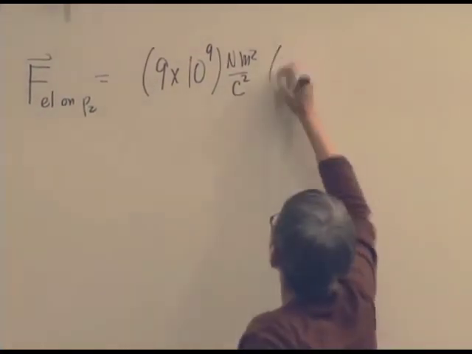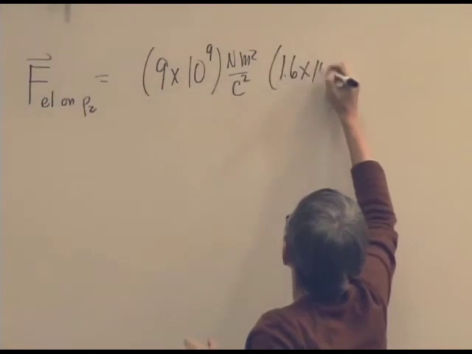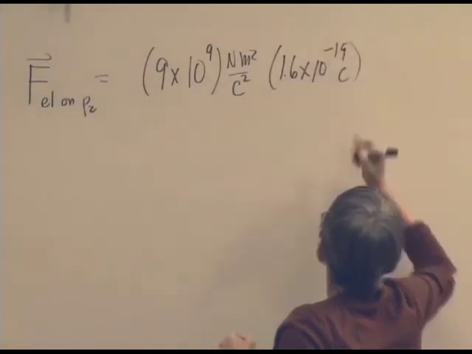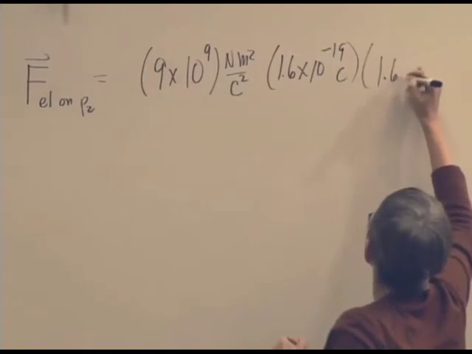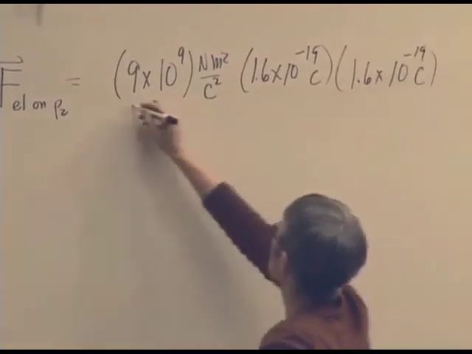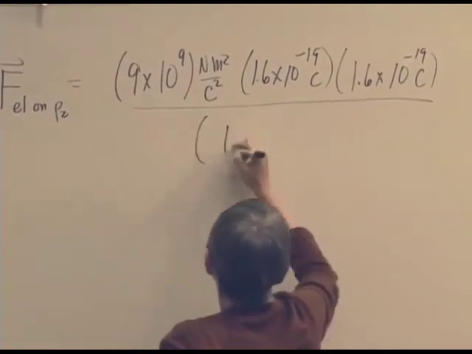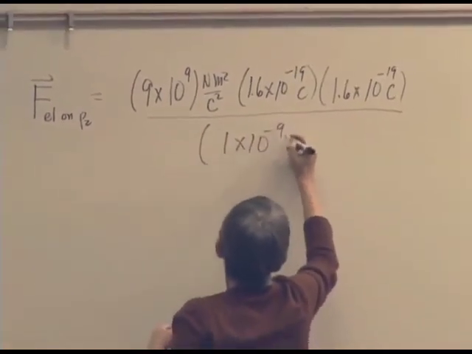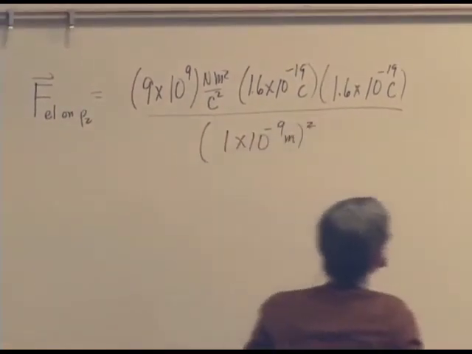So we have 1.6 times 10 to the negative 19 coulombs times 1.6 times 10 to the negative 19 coulombs divided by 1 times 10 to the negative 9 meters squared.